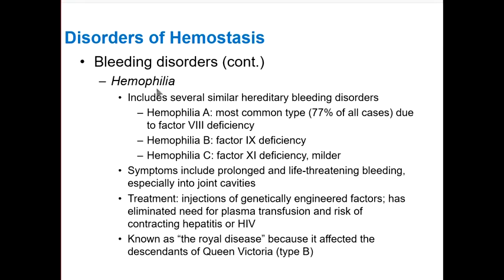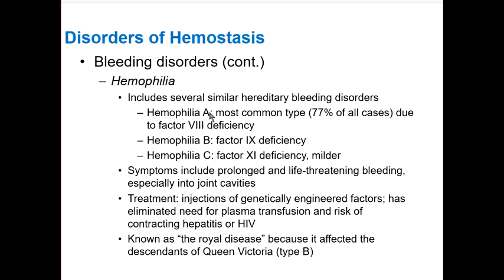Compare that to hemophilia, which is another bleeding disorder, but it does not involve platelets. It involves the clotting factors. Remember, there's 13 of them with Roman numerals, and there are different types of hemophilia, depending on which clotting factor is deficient.